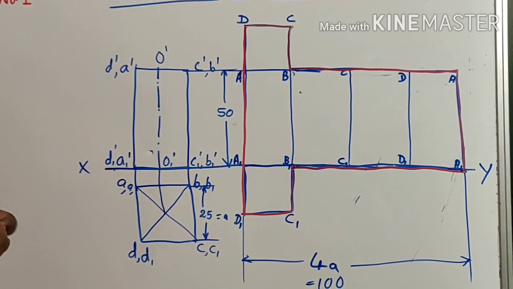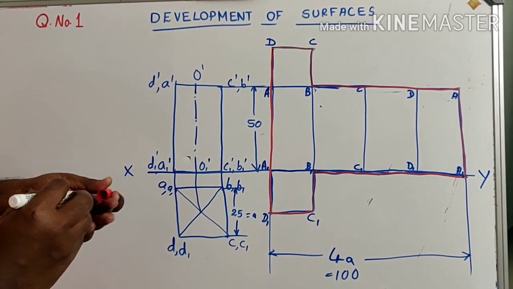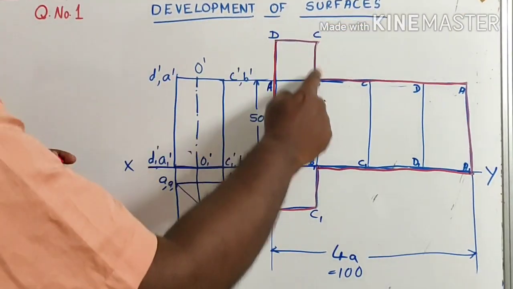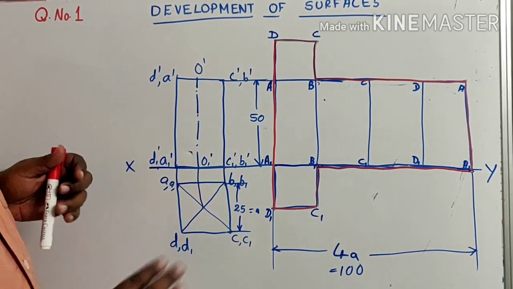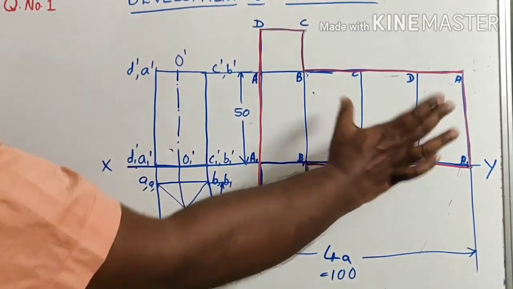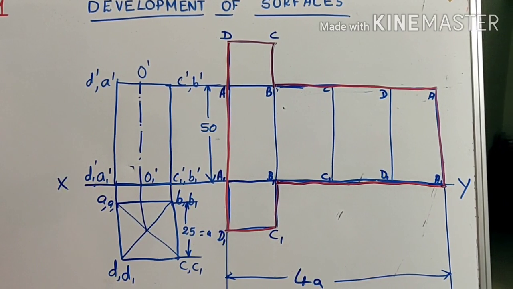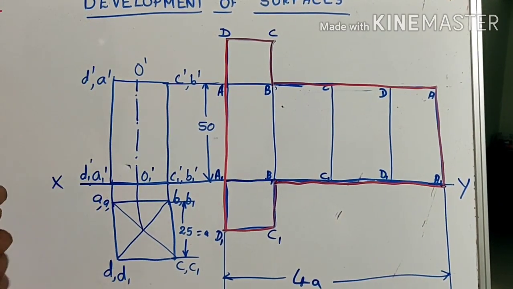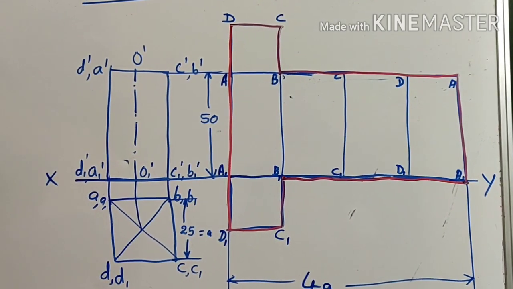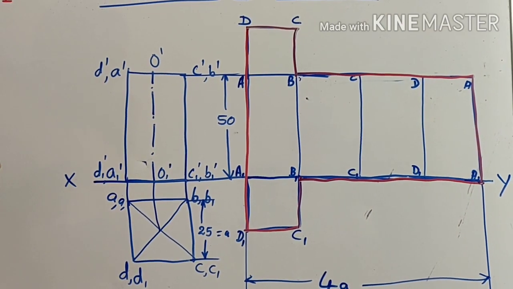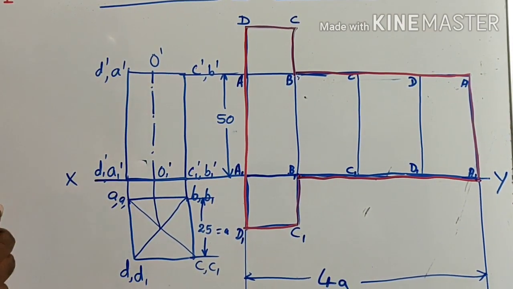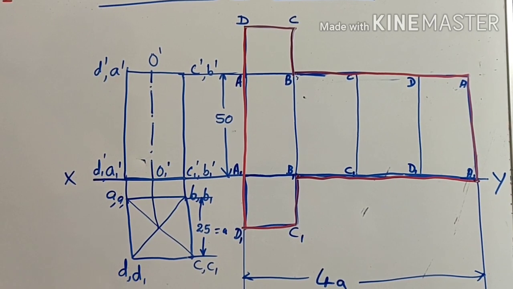So these are the visible edges. That is, you are drawing only the outer edges as visible. The in-between lines are not real lines, they are all imaginary lines of that particular surface. So this is the development of a square prism.